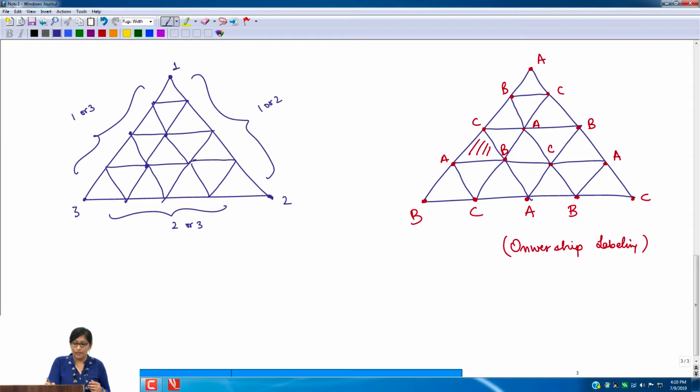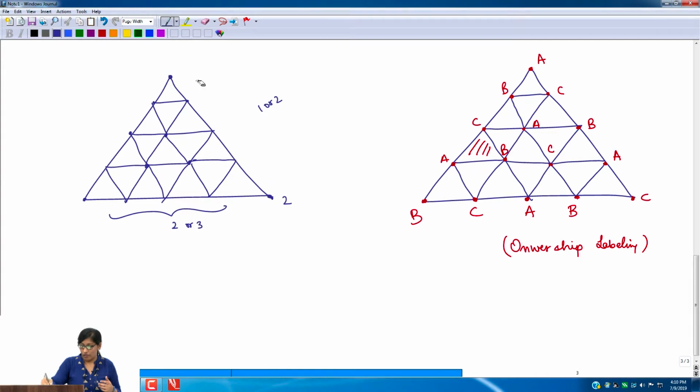And for the labels corresponding to the inner vertices, it can be arbitrary, right? And what does Sperner's lemma assert? It says that there exists exactly one fully labeled elementary triangle, right? That was our Sperner's lemma yesterday, and let's see if we can apply it over here.